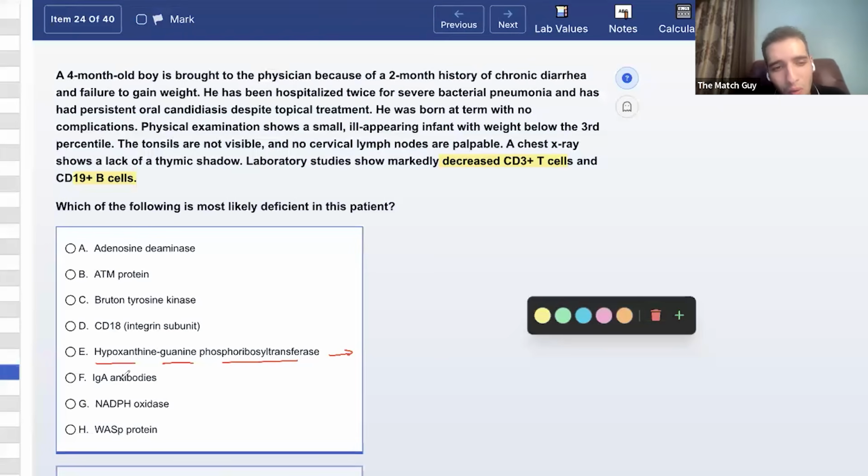When I don't know a long name, I always try to abbreviate it. Okay. H G P R T. That's HGPRT deficiency.